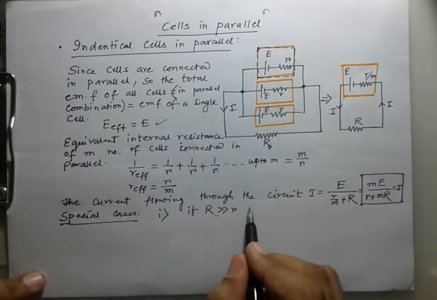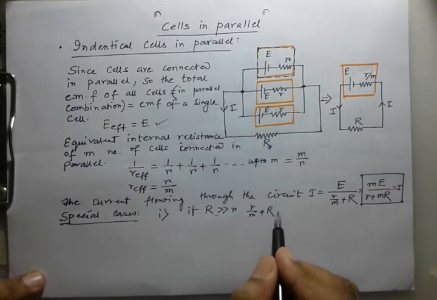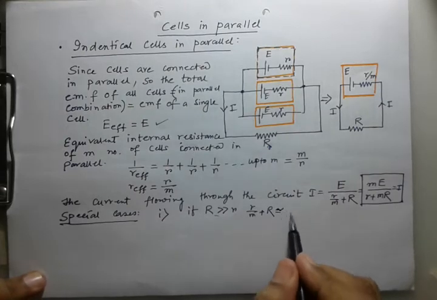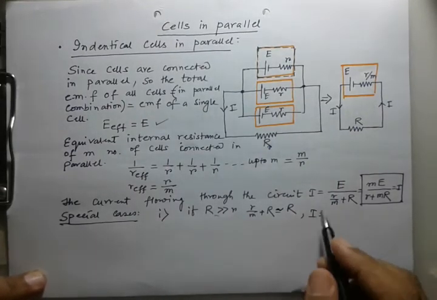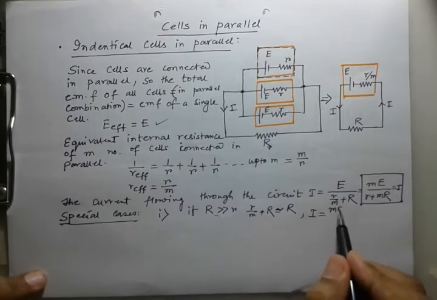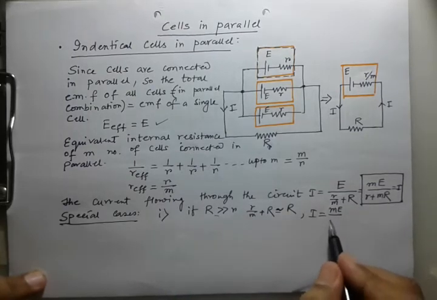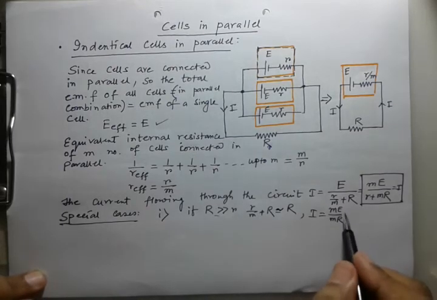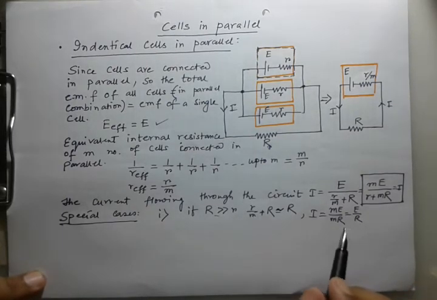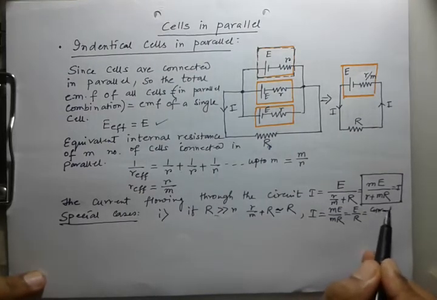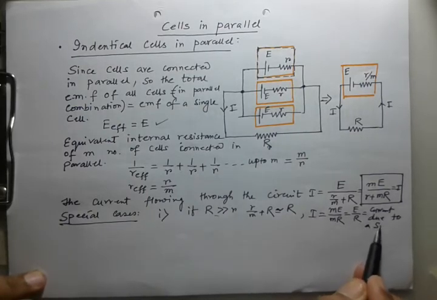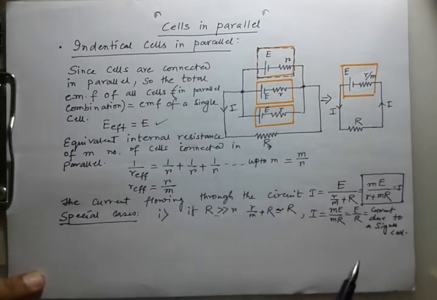So we can take r by m plus R as almost equal to R. Now the current I will be mE by mR, or you can say E by R. So E by R is the current due to a single cell.